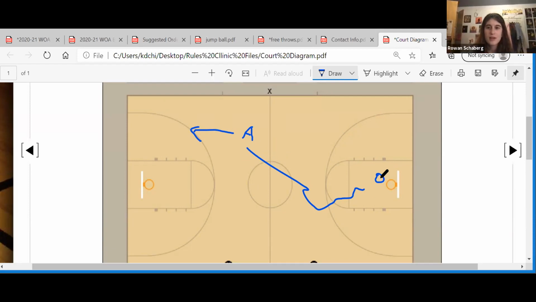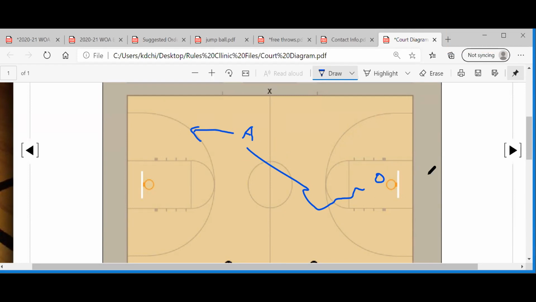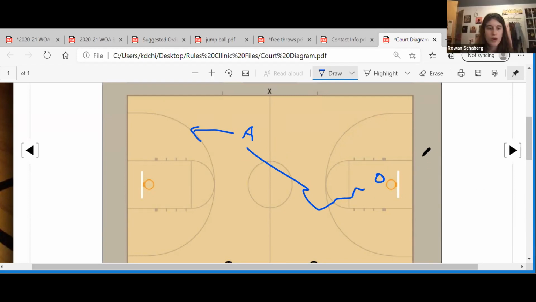Where does the ball come in? Near where A2 would be. So that would be C, the backcourt near the spot where the ball struck A2. Where does the violation occur? Once it crosses the half-court line?